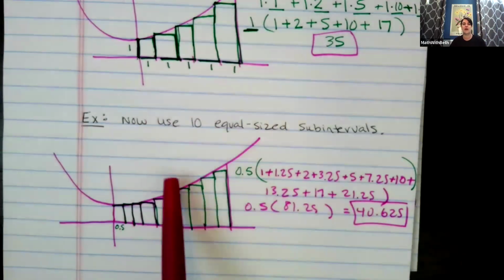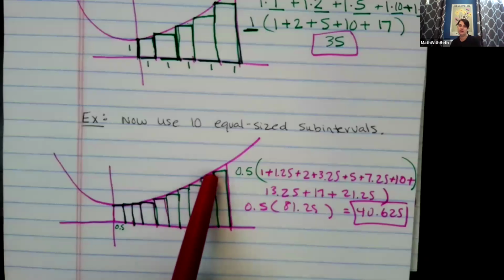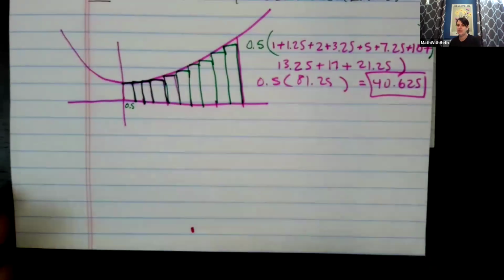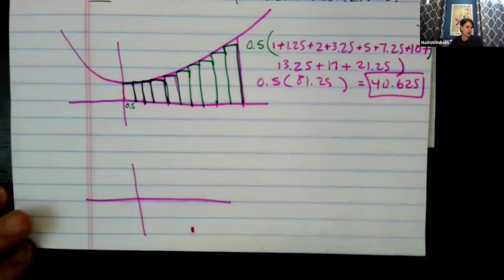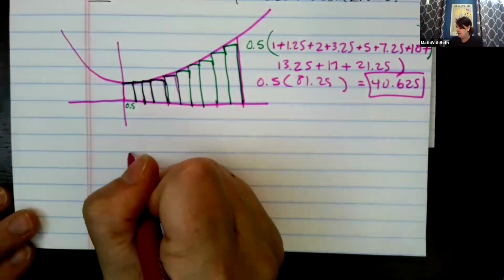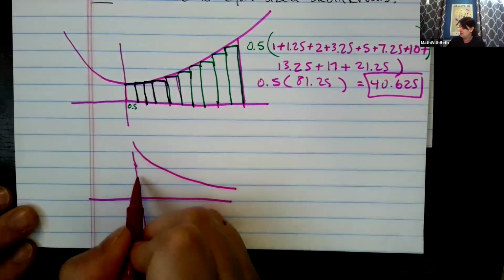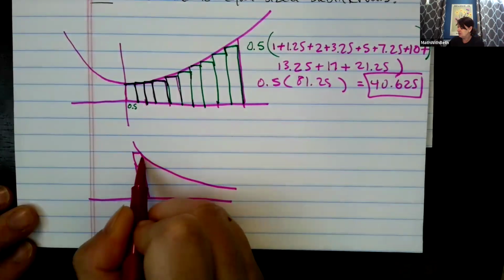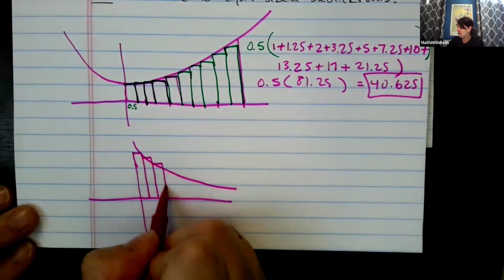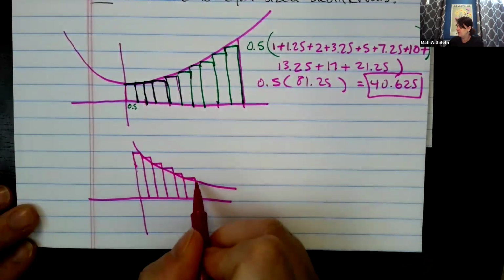Both of these answers, though, would obviously be a little under the exact answer because the rectangles ended up not quite getting to the top of each one. Does that mean we will always be under? No, because if this problem had been going down and we wanted to start at 0 and make rectangles, do you see that in this case, the rectangles would end up being a little above the curve?